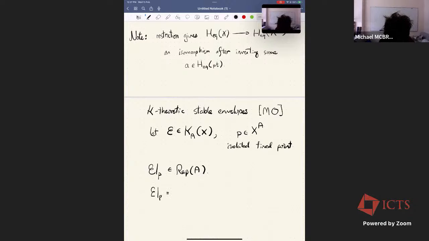So you can write it as a sum of characters of the torus with integer coefficients.